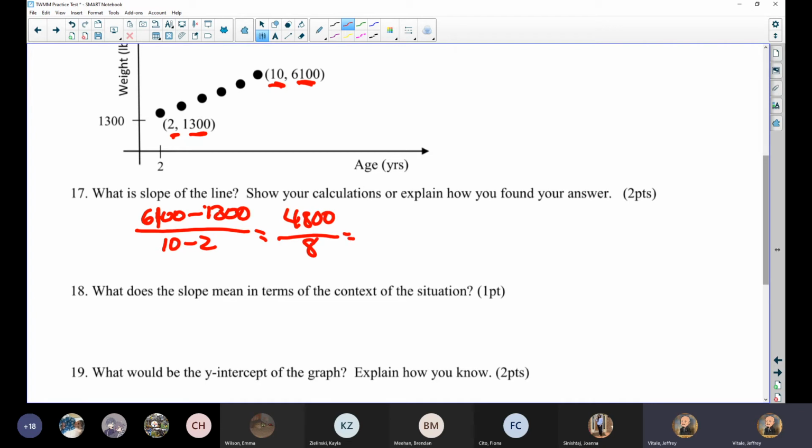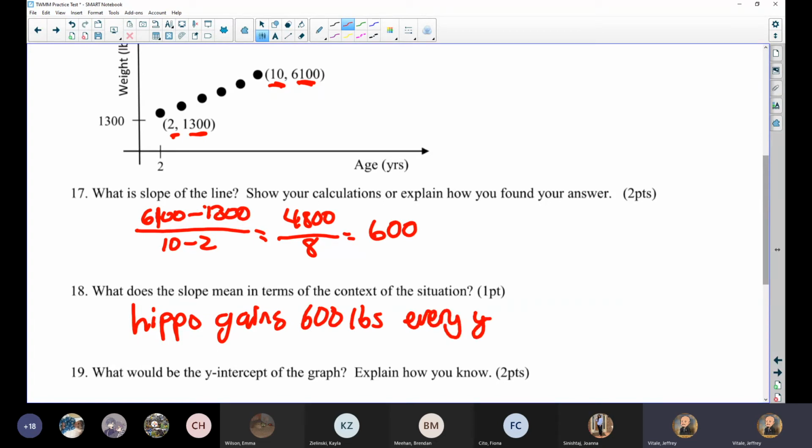And 4,800 divided by 8 is 600. So 600 for the situation means that the hippo gains 600 pounds every year. That big hippo.